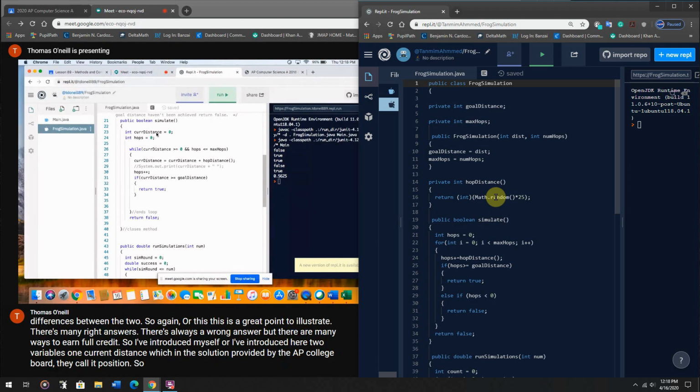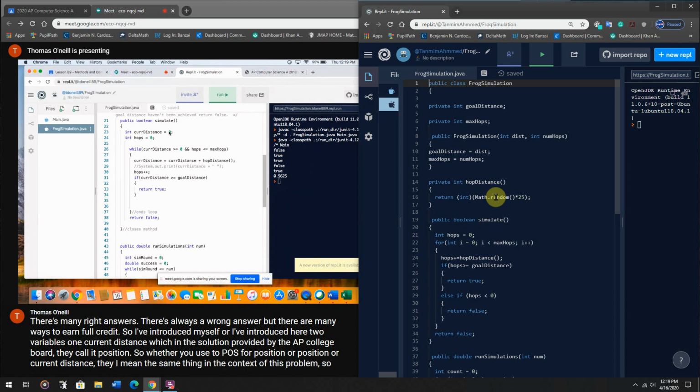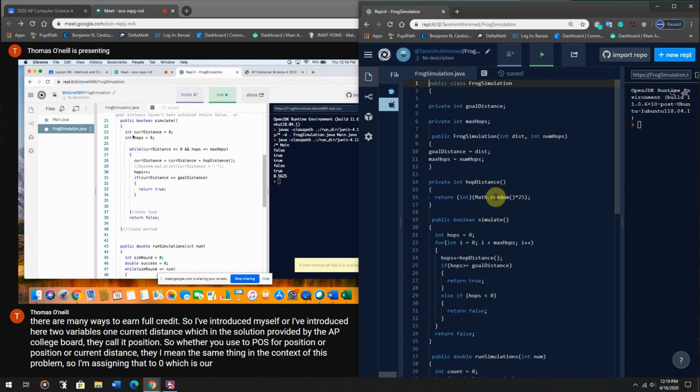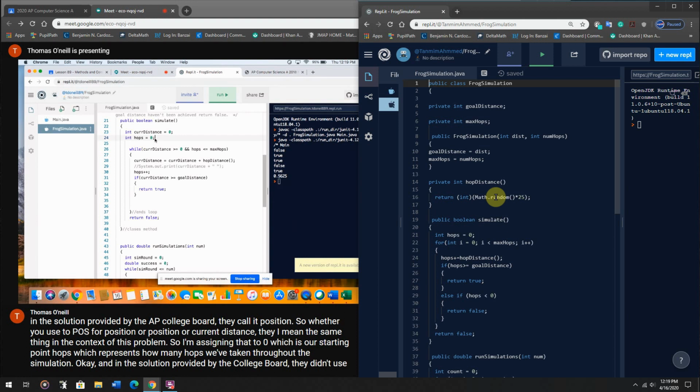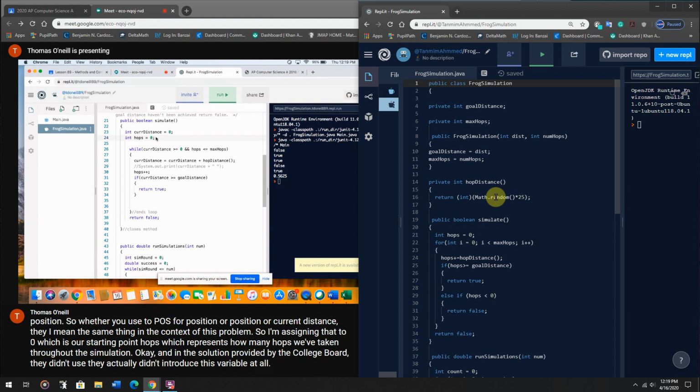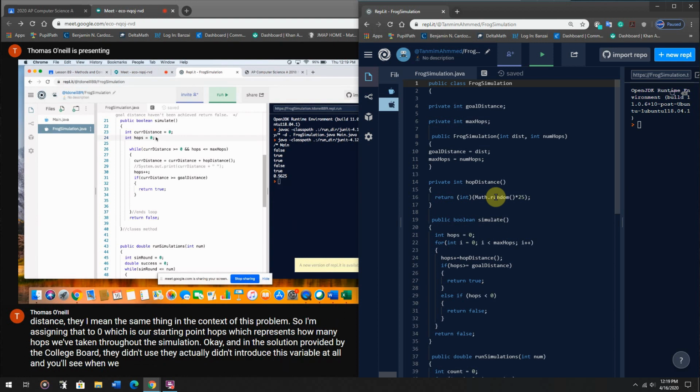So whether you use pos for position or currentDistance, they all mean the same thing in the context of this problem. So I'm assigning that to 0, which is our starting point. Hops, which represents how many hops we've taken throughout the simulation, okay? And in the solution provided by the College Board, they actually didn't introduce this variable at all, and you'll see when we examine the for loop alternative why that is.